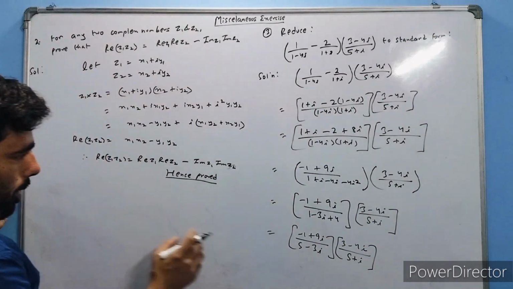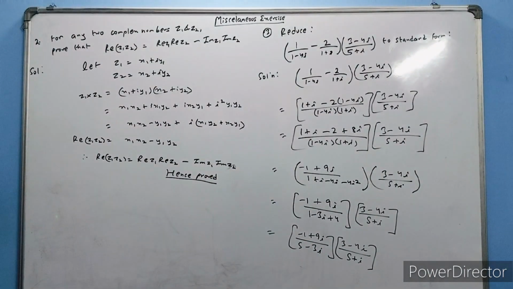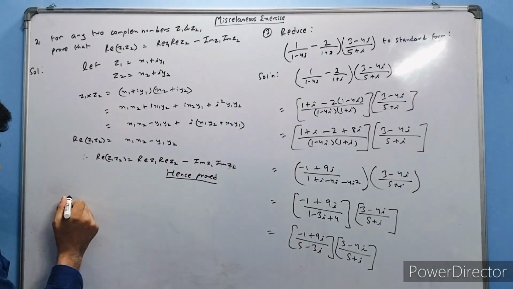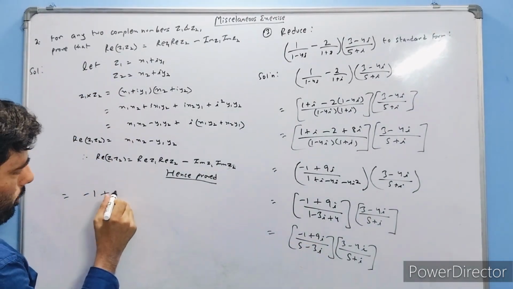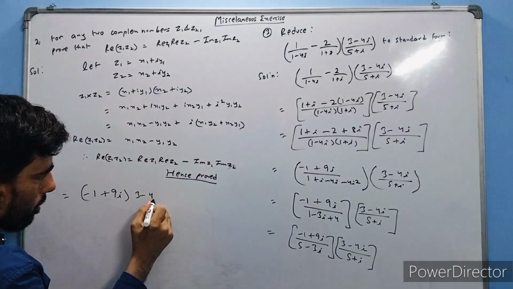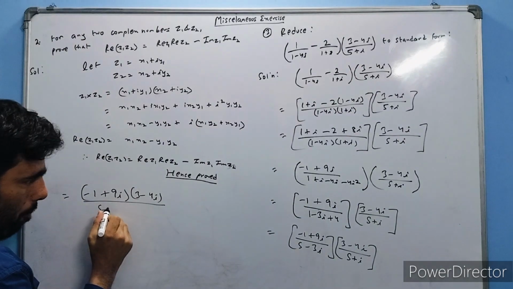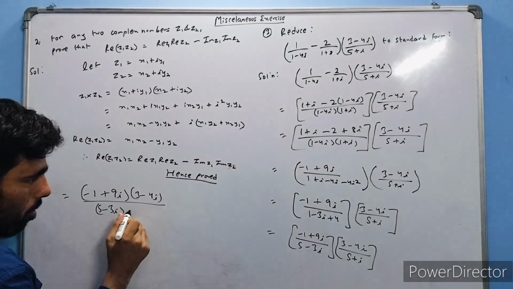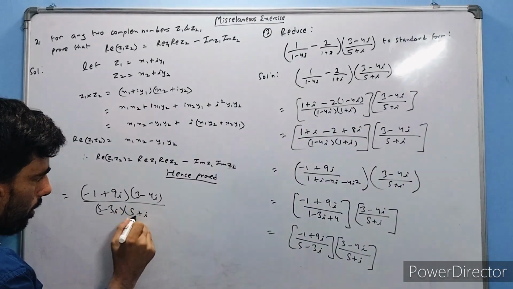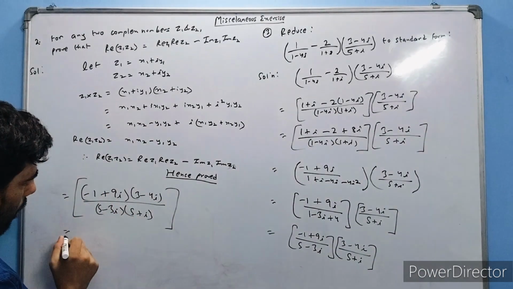Now what can we do here? Let's try to solve. Now multiply inside. So this will be minus 1 plus 9i, 3 minus 4i upon 5 minus 3i, 5 plus i. Now we'll multiply.